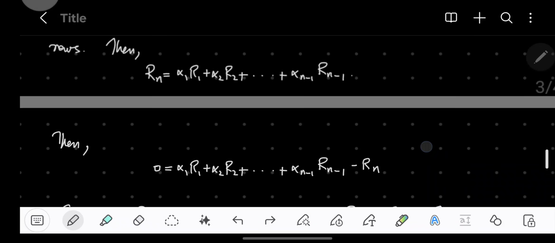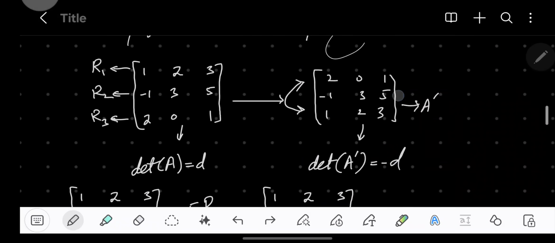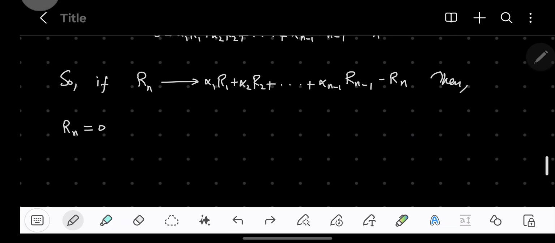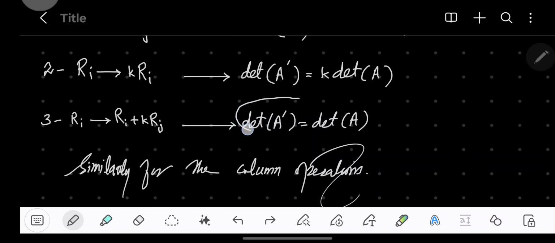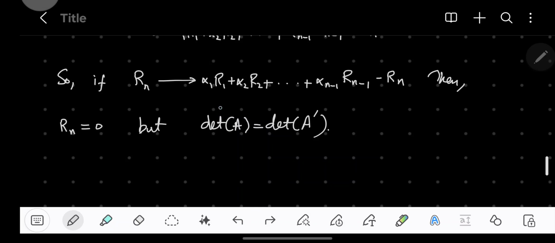Now I apply the third rule. Here is the third rule: if I replace Ri by a combination of any other rows, here we have n minus 1 rows, there is no problem, then the determinant will be unchanged. Hence, the determinant of A is the same as the determinant of the new matrix.